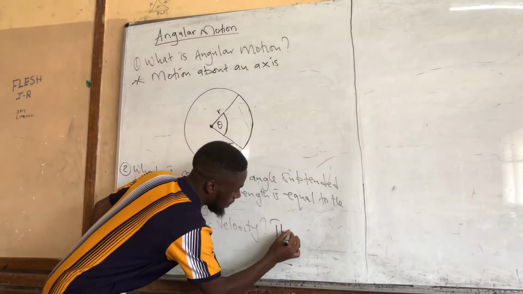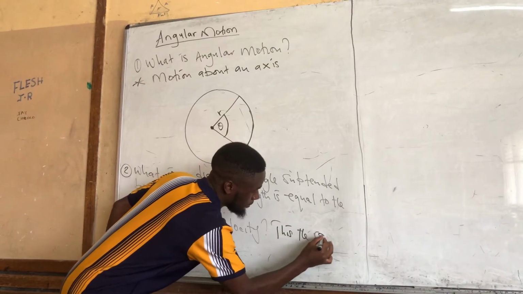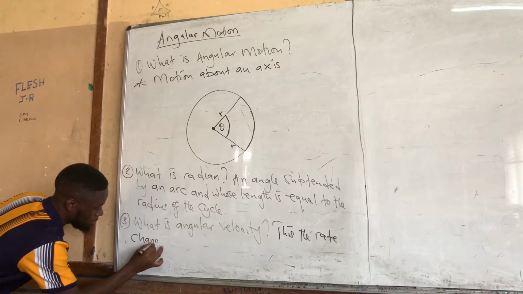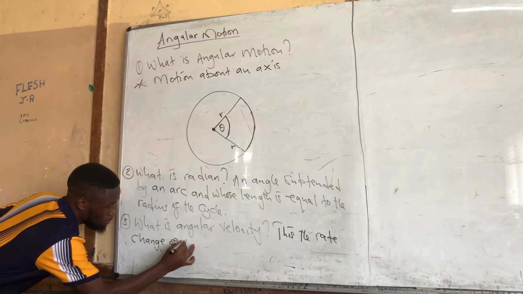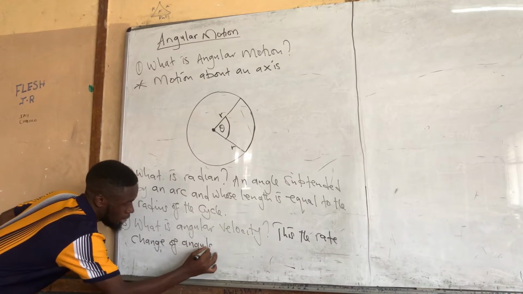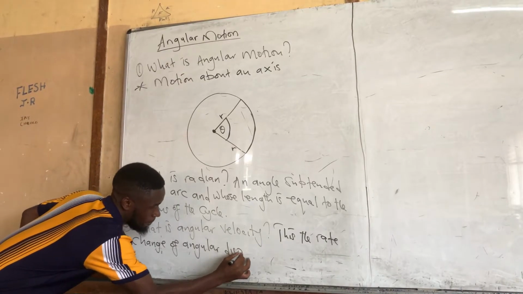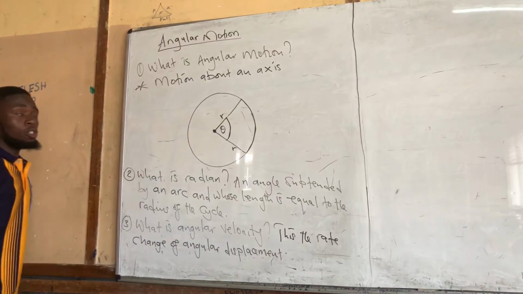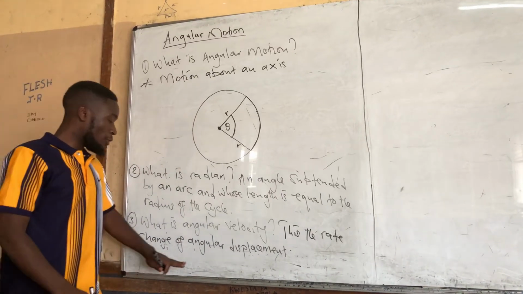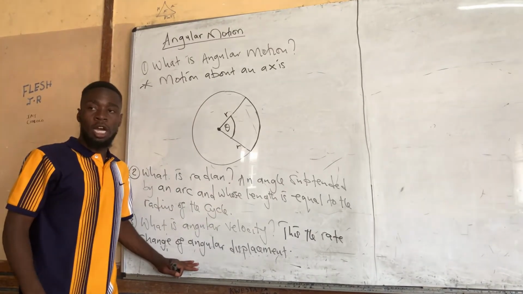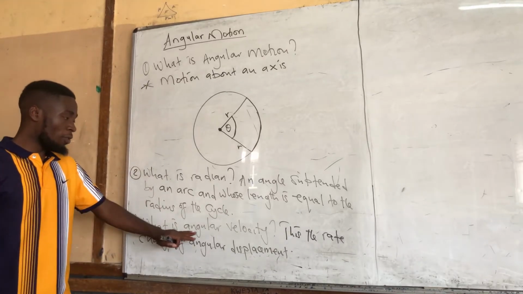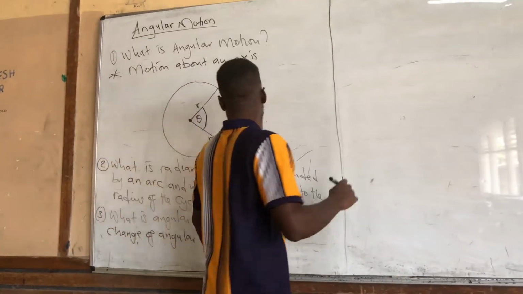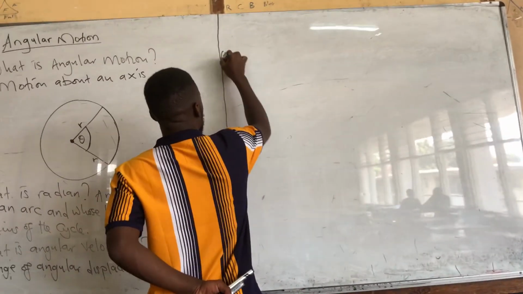So this is the rate change of angular displacement here. Okay. So because we are talking about angular motion, in front of displacement we just have to add the word angular. So angular velocity is just the rate change of angular what? Displacement. Okay?